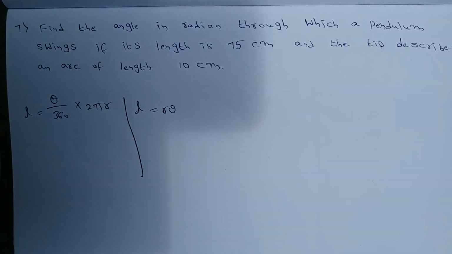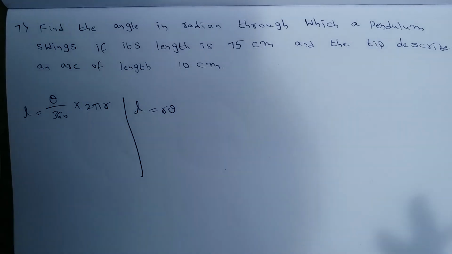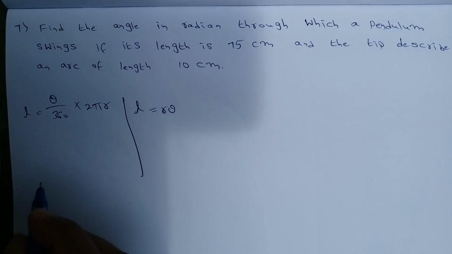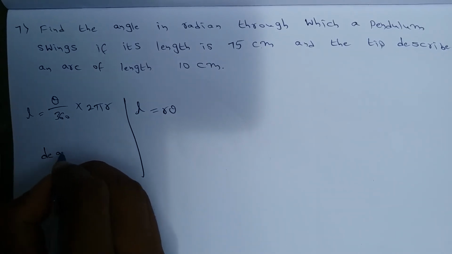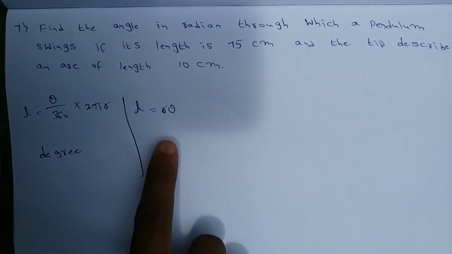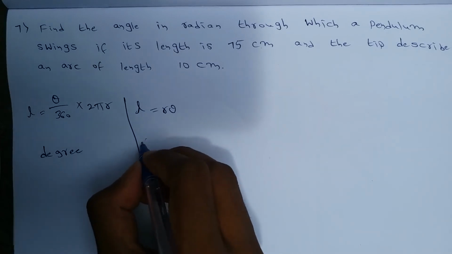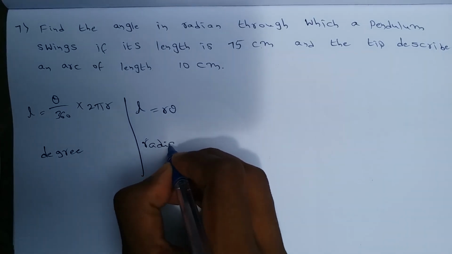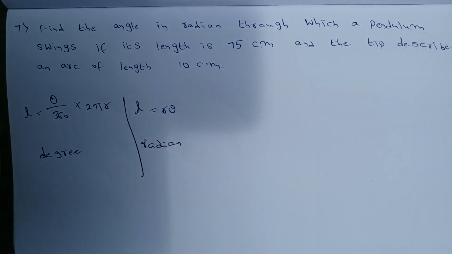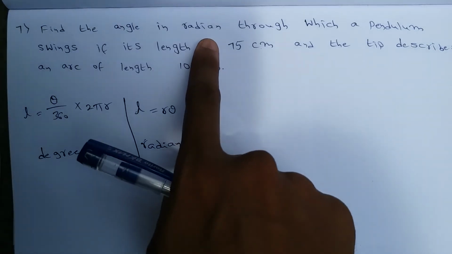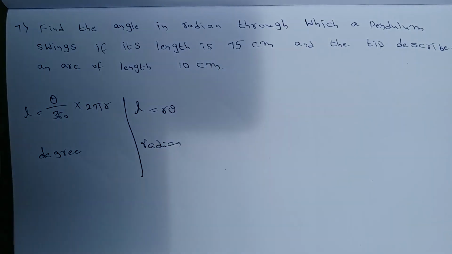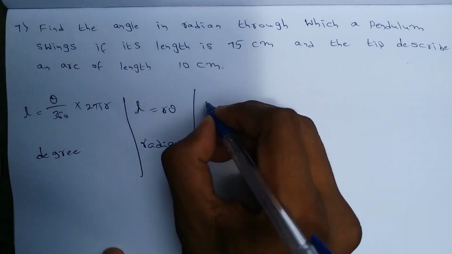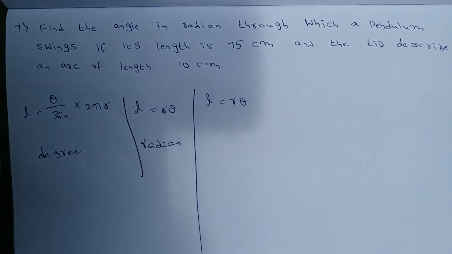Both are formulas for finding the arc length. The only difference is that in the first formula we use theta in degrees, and in the second formula we use theta in radians. Here the question directly asks for radians, so I am taking the second formula, L is equal to r theta.